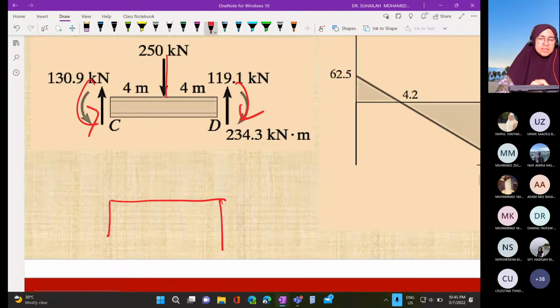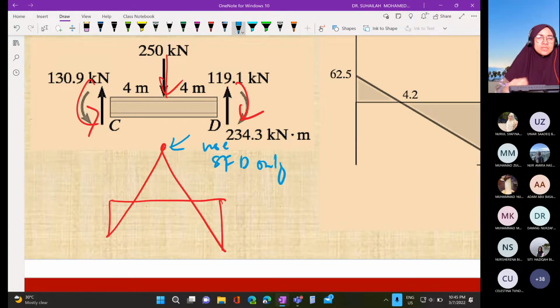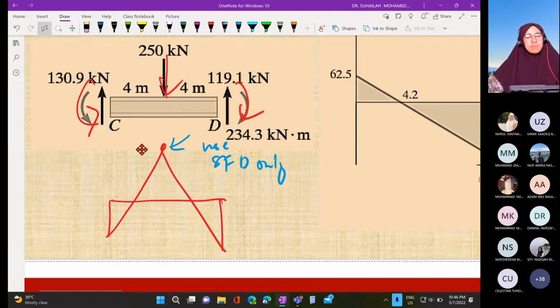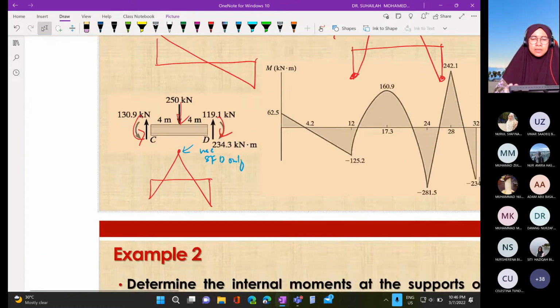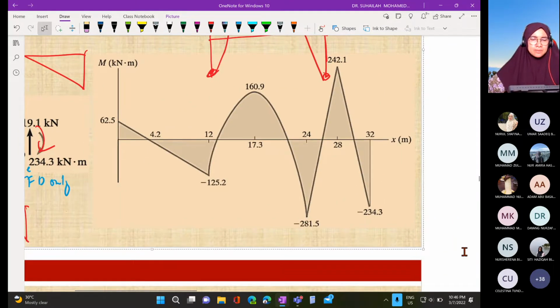And since it is point load, so this will be the diagram. And again, this point, we use shear force diagram only to determine the maximum moment for member CD. So when we combine, we will get the bending moment diagram like this.